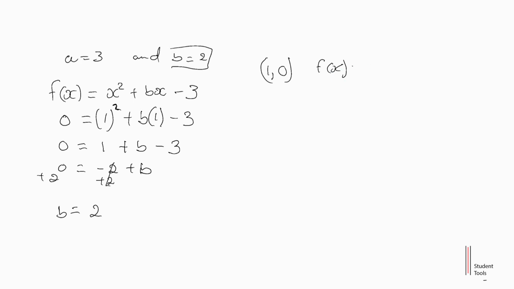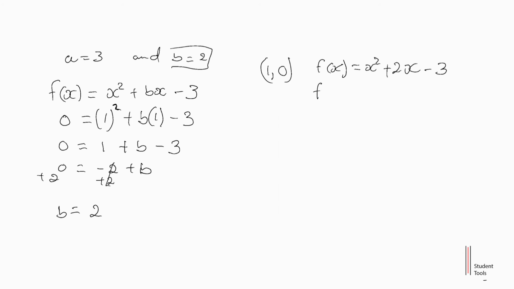F of x is equal to x squared plus bx minus 3. So now we know that b is equal to 2, so we will substitute with 2x minus 3. And then for the value of d, we will substitute x with a 0 because it's on the y-intercept.